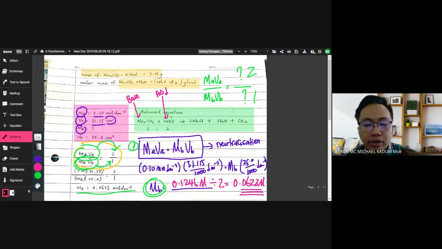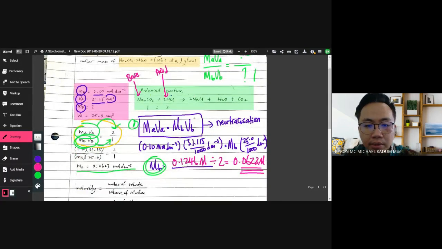Okay. So the balance equation ini terhasil bila Na2CO3 kita tambah dengan HCl. Jadi kita perlu balancekan dia lah. So bila kita balance benda ni, dia akan dapatkan garam, NaCl. Neutralization, dia punya proses, saya buat satu sini lah. Di bawah ni ada kertas ni.